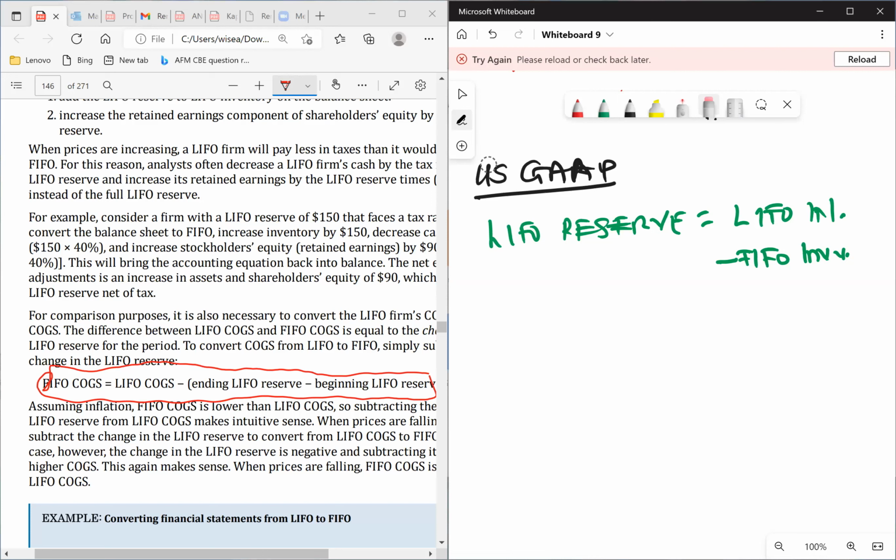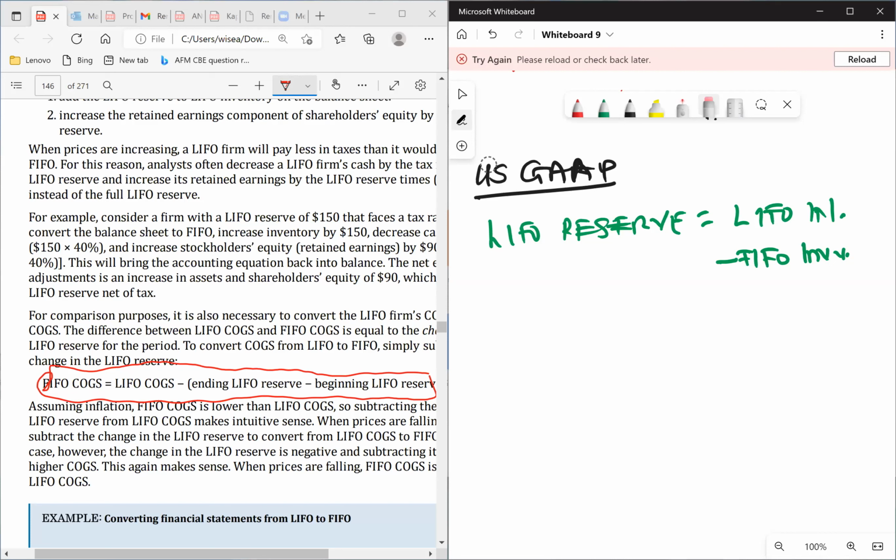So their cost of goods sold will be valued by the latest cost prices in an inflationary environment. Because of that, they will report lower income than a company that reports with FIFO. So there will be a variance between the two, assuming all things are equal.